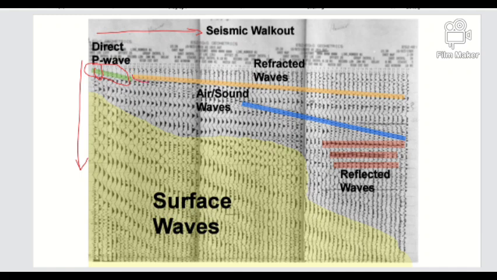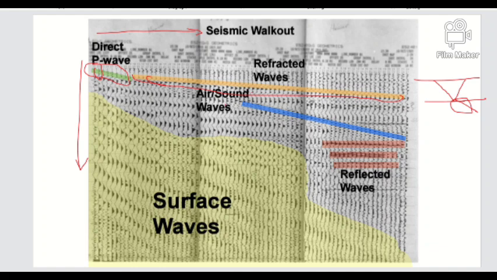If there are two layers, there can be reflection, diffraction and refraction, and this type of wave indicates the diffracted wave.